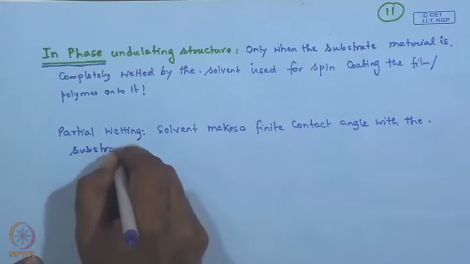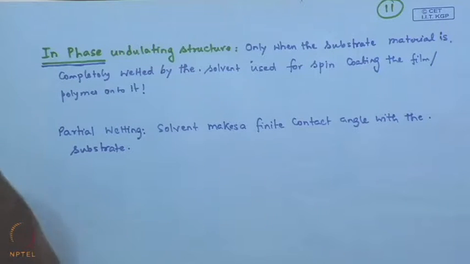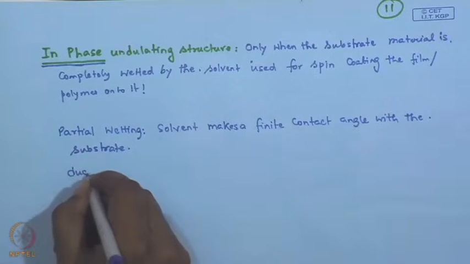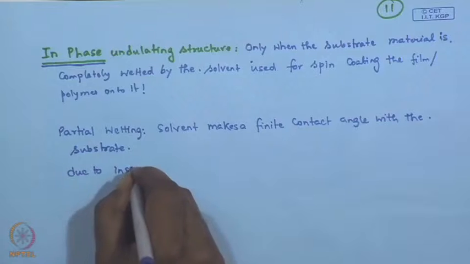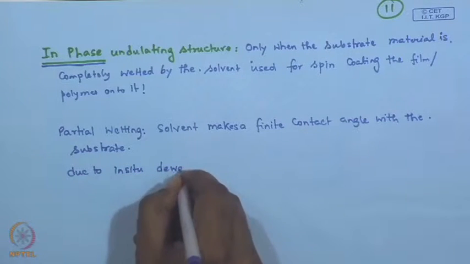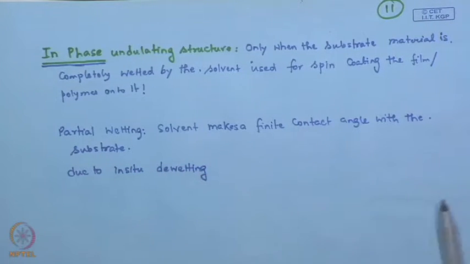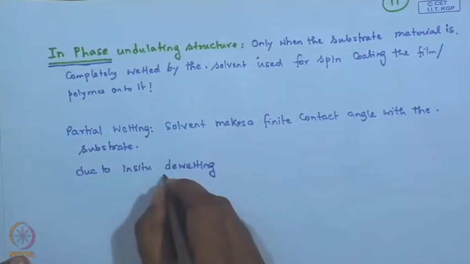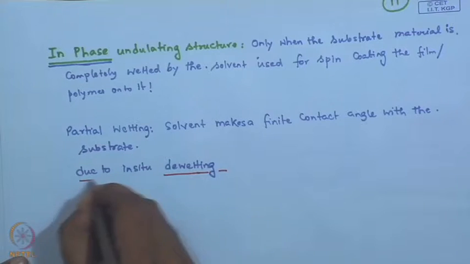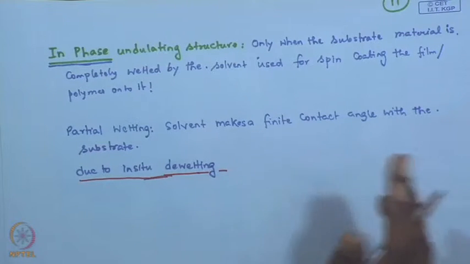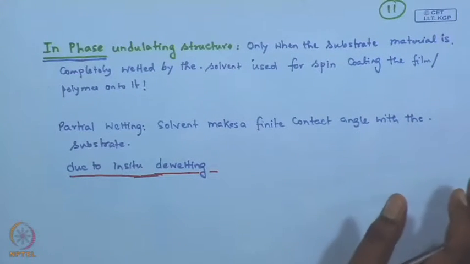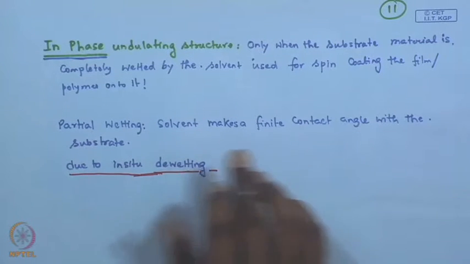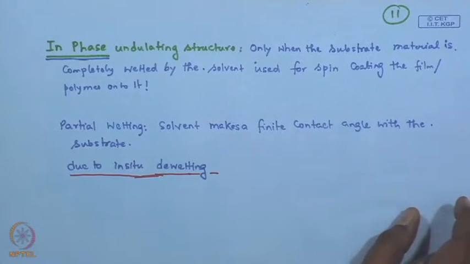Then what happens is, due to intrinsic or in situ dewetting, and this is another word which we will talk in very great detail in some of our subsequent lectures. So, for the time being, please keep this keyword in mind due to in situ dewetting, but I will skip going into the details right now, because we will be talking about dewetting in much greater detail.